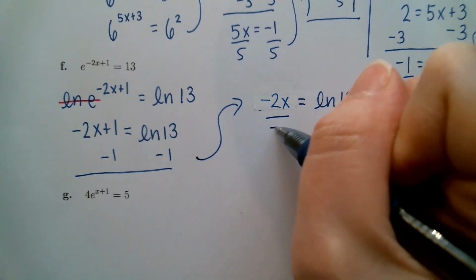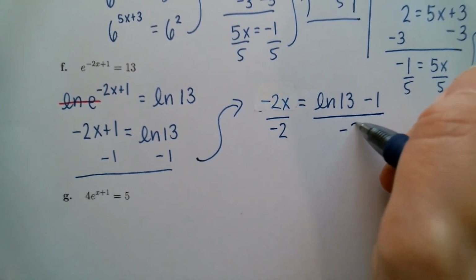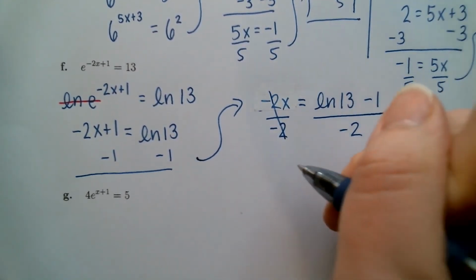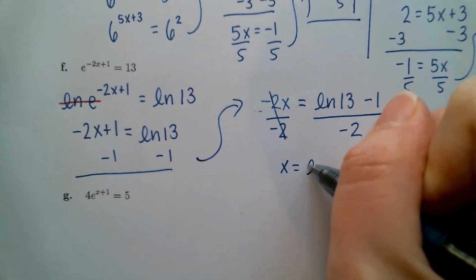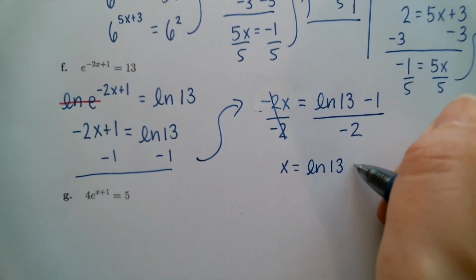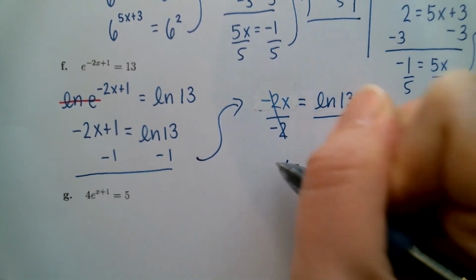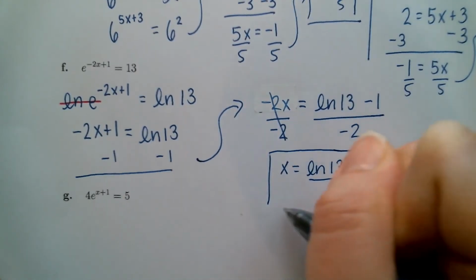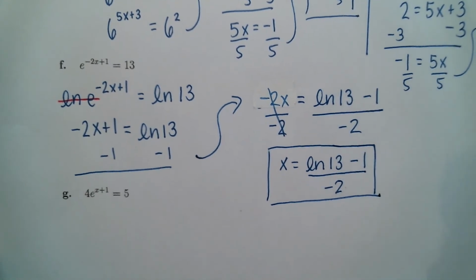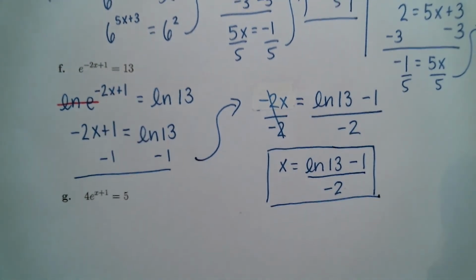And then we need to divide both sides by negative 2, okay? So that is your answer. Natural log of 13, that quantity, minus 1, all divided by negative 2, okay? That is the answer. There is really no way to simplify it, okay?